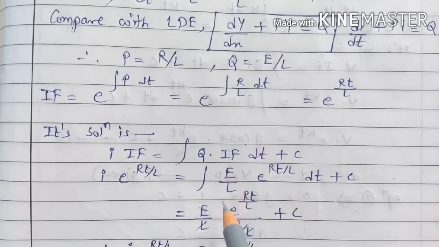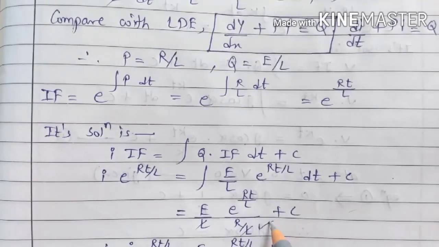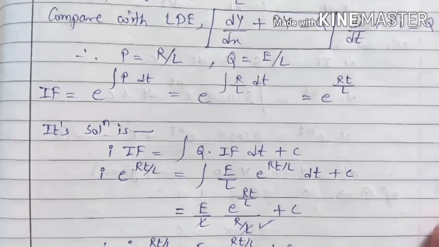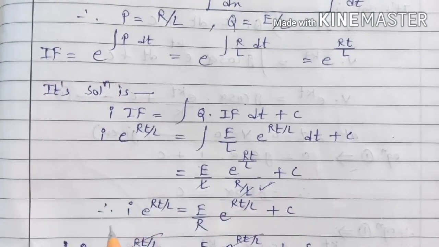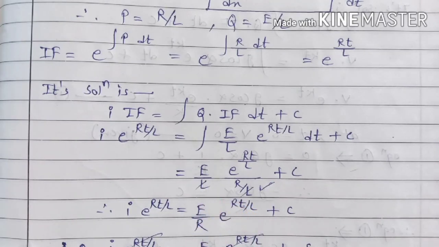Here E by L is constant and integration of e raised to Rt by L is e raised to Rt by L upon the coefficient of t, which is R by L, plus C. So i into e raised to Rt by L equal to E by R into e raised to Rt by L plus C, since L gets cancelled.